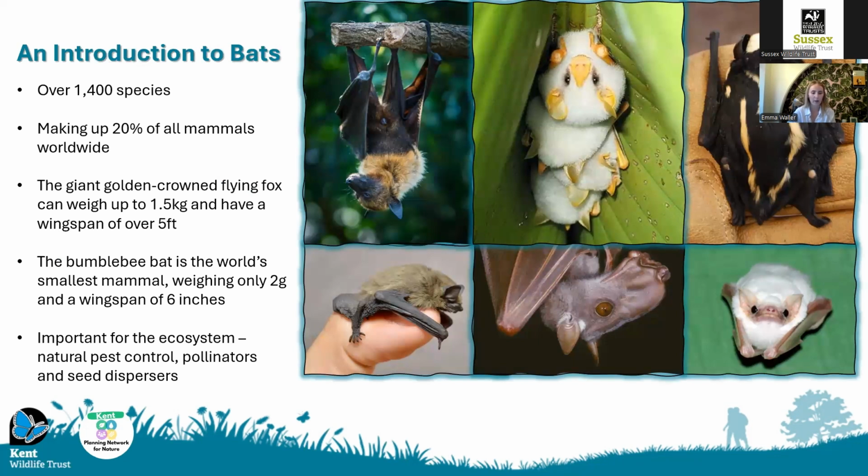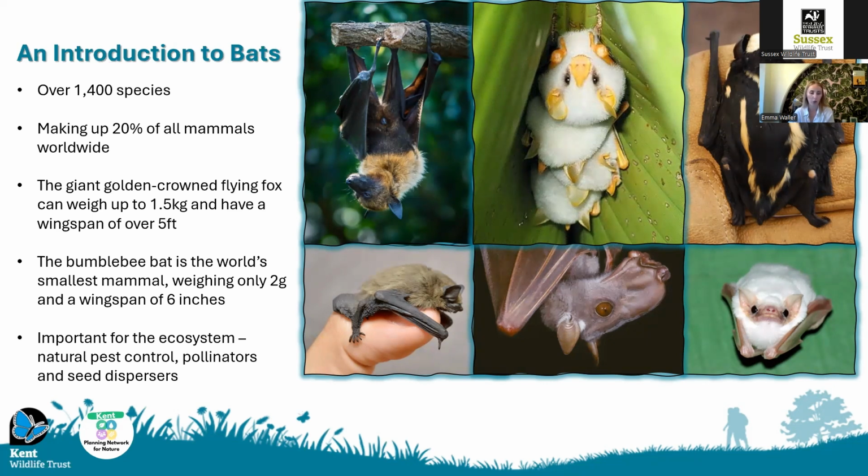So just a brief background on why bats are such incredible animals. There are over 1,400 species of bats making up around 20% of all mammal species worldwide, which is a huge proportion of our mammals. Species of bats are divided into two suborders.